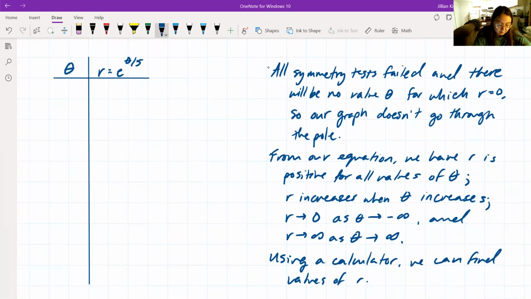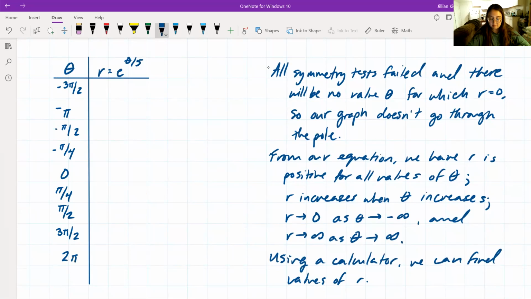So we're going to use negative 3 pi over 2, negative pi over 2, negative pi over 4, 0, pi over 4, pi over 2, 3 pi over 2, and then lastly 2 pi. Pretty close there with measuring out the length of this table here.